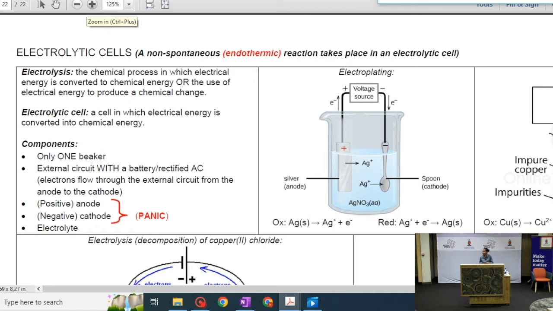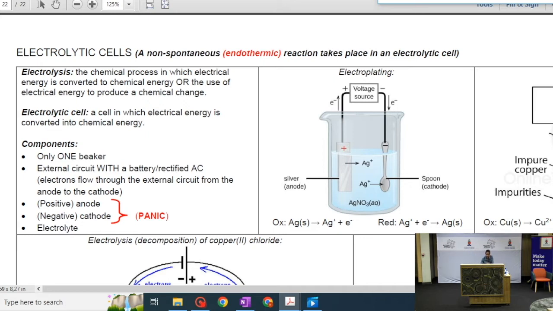Okay, it's just about remembering which electrode is positive and which one's negative, because it swaps for galvanic and electrolytic cells. When we get to electrochemistry, it's the end of the year and we all start to panic. So remember that electrolytic cells is the last topic you do in the year where you start to panic.